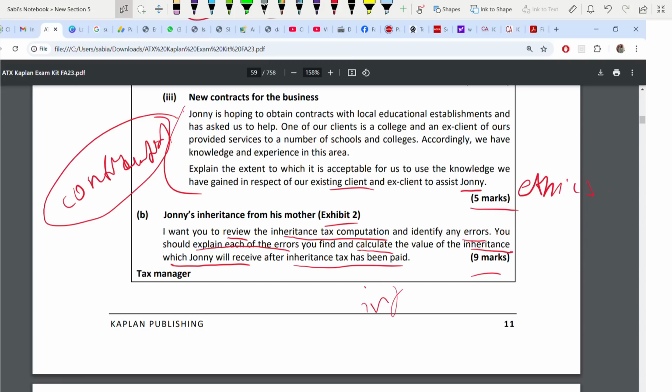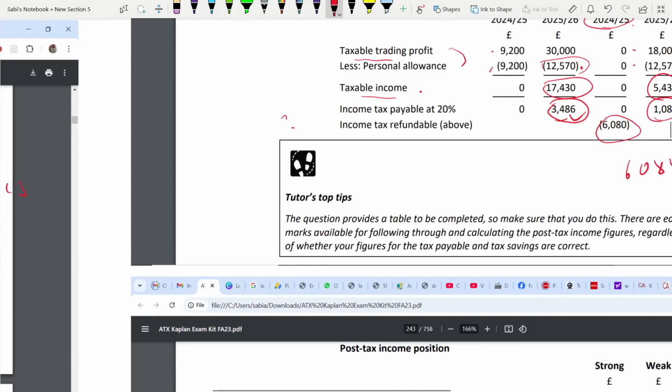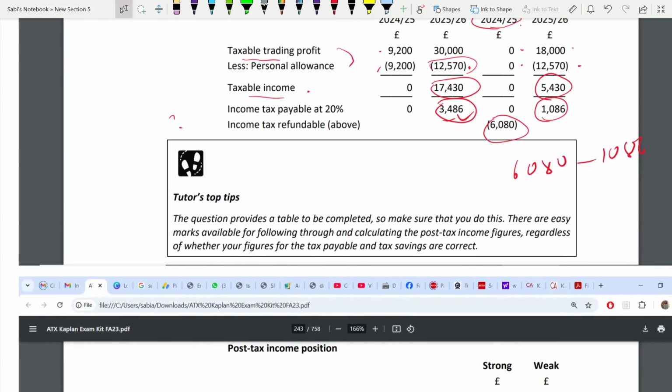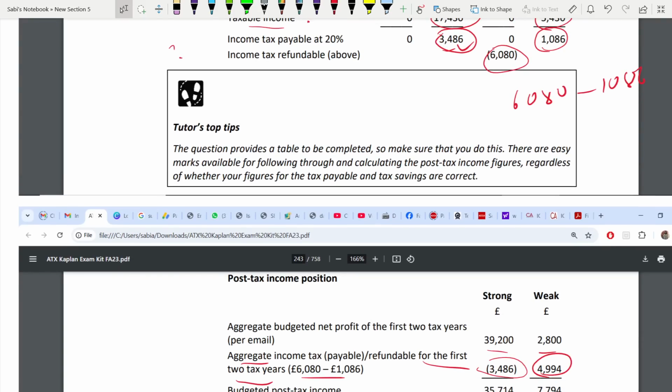John is hoping to obtain a contract with a local educational establishment. One of our clients is a college, and an ex-client of ours provided service to a number of schools. That's why they have this knowledge and experience. So now you have to say whether they can carry forward or bring this knowledge they have got from the ex-client to SS Jonny. This is the question.